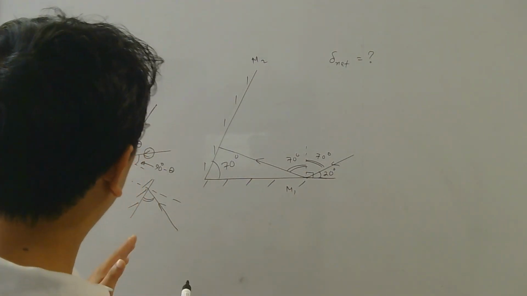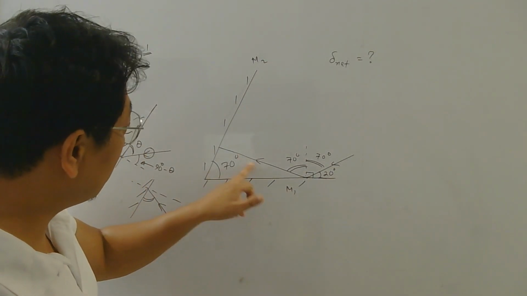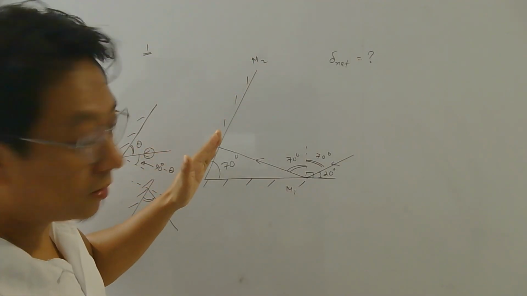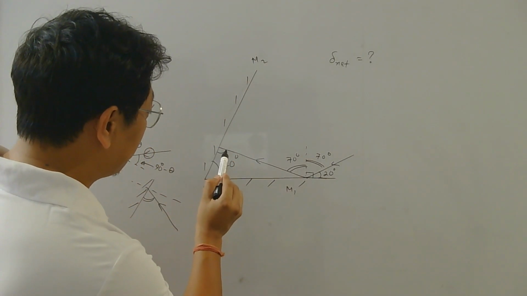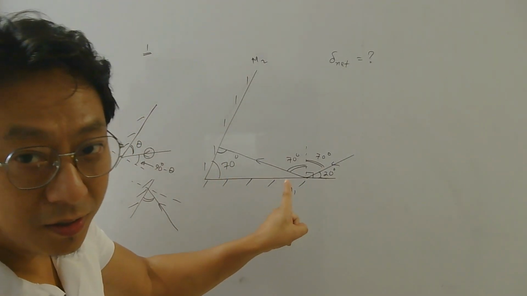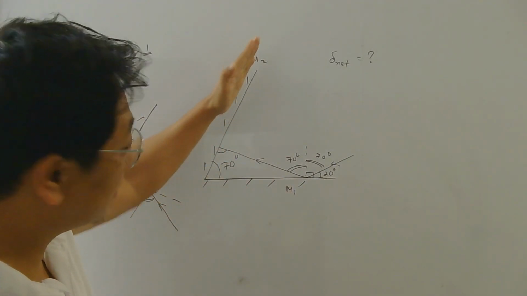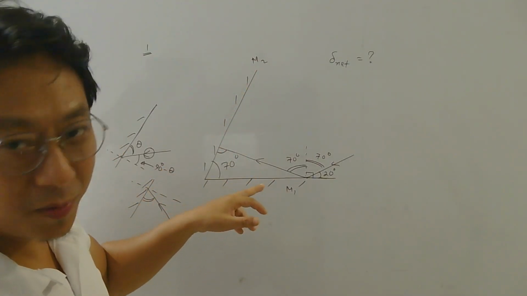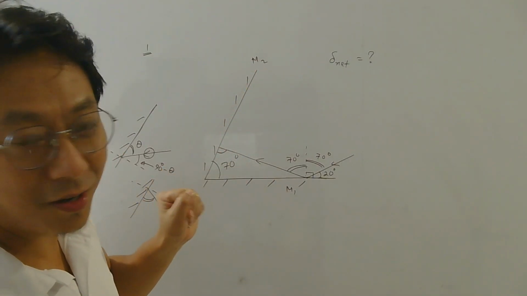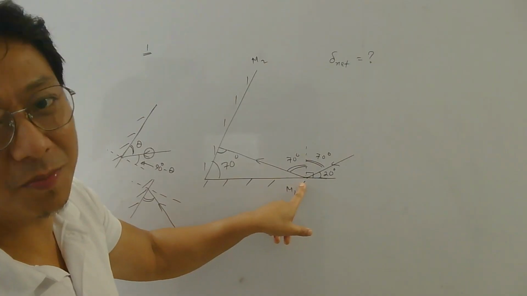So before trying to find angle between incident ray for this mirror and the normal here, try to find this angle, which is angle between the incident ray and second mirror. This is incident ray for second mirror, right? You may be thinking, sir, this is reflected ray, but that is reflected ray for first mirror.